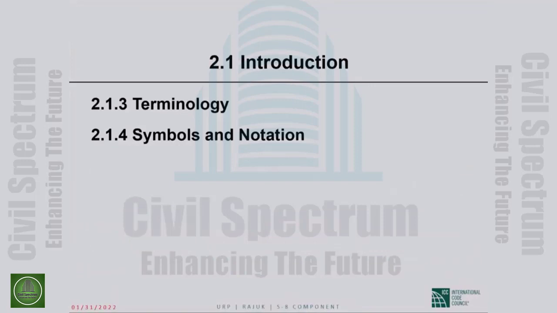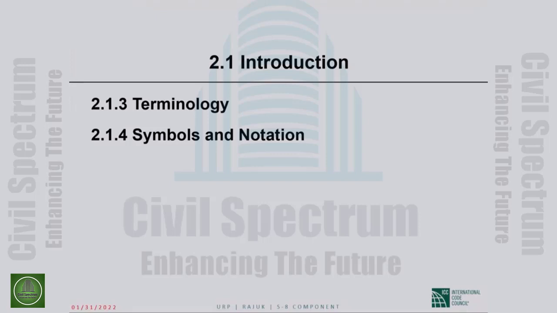Chapter 2 has terminology and symbols and notations. I mentioned that because particularly terminology is very, very important. Okay? Definitions of terms used in the code. Through the years, you would not believe how many code-related questions we get at our office. Okay? People have all kinds of questions.